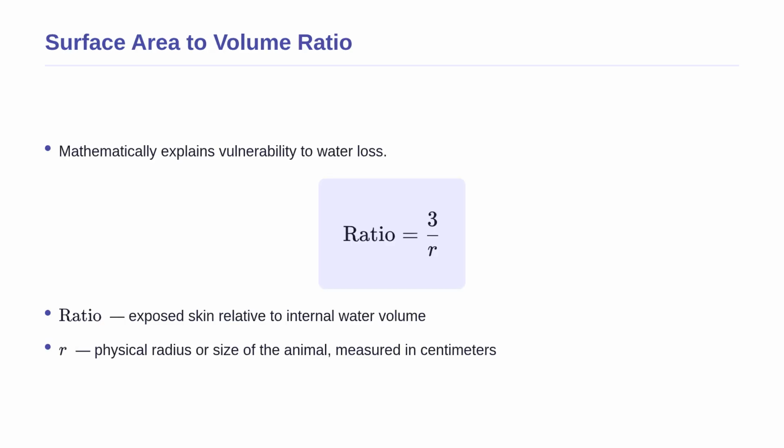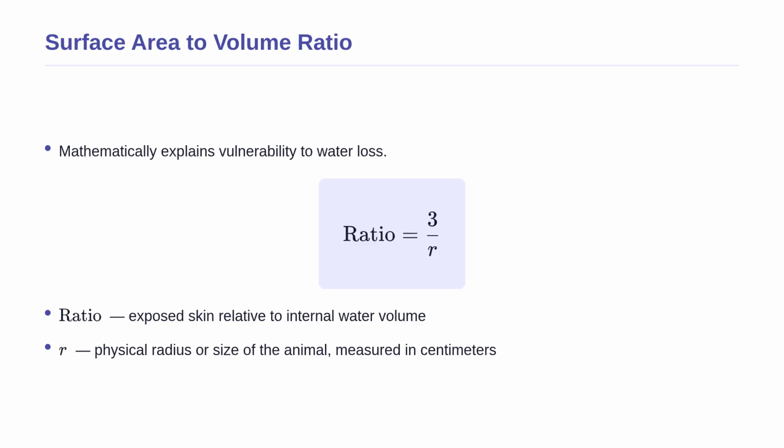To understand exactly why small animals dry out faster, we rely on a beautiful mathematical relationship known as the surface area to volume ratio. The simplified formula is elegantly straightforward. The ratio equals 3 divided by r. In this equation, the word ratio represents how much skin is exposed to the air compared to the amount of water stored inside the body.